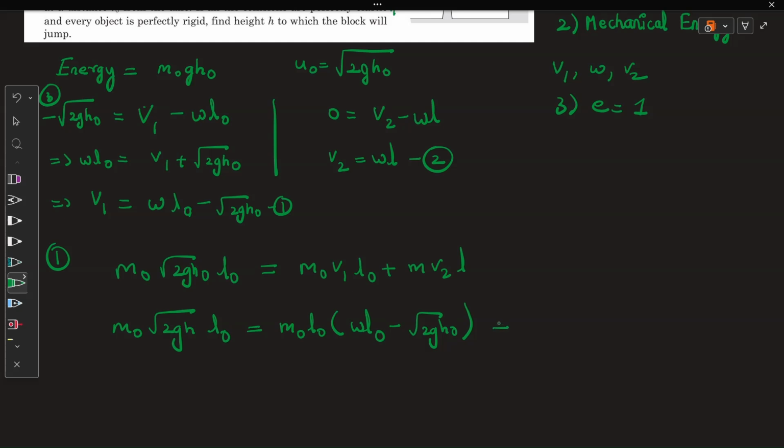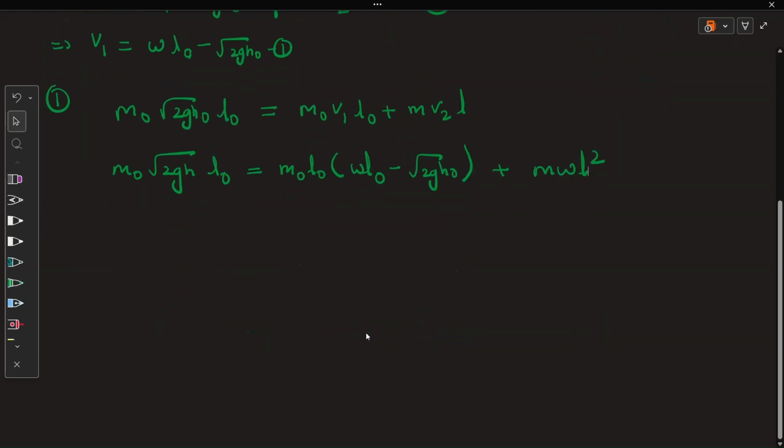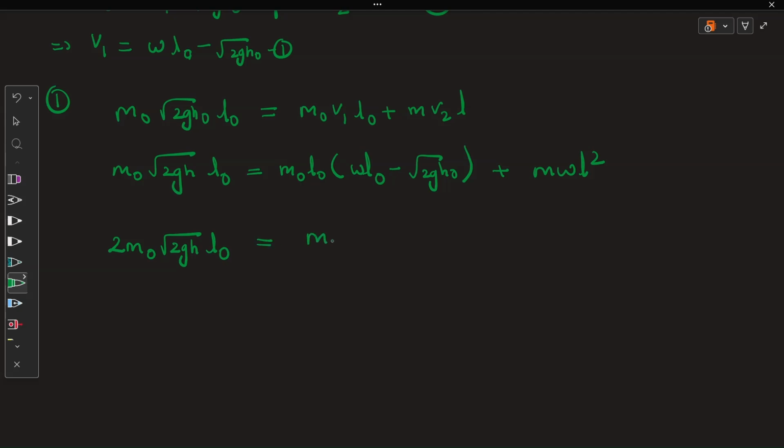plus m v2 L. So m omega L square. This thing goes over here, the same thing repeats. So 2m naught under root 2gh L naught is nothing but m naught omega L naught square plus m omega L square.